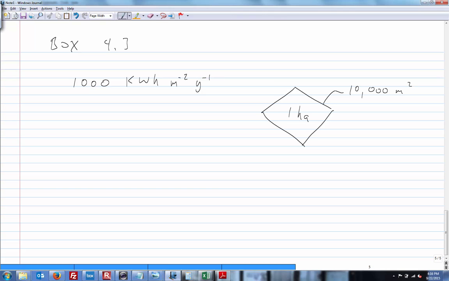What's that mean? 1,000,000 kilowatt hours? No, 1,000,000 watt hours. So let's just think about this. How many kilowatt hours is that per square meter per day? Let's just run that really quick.